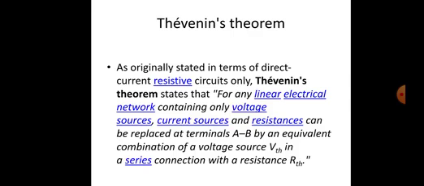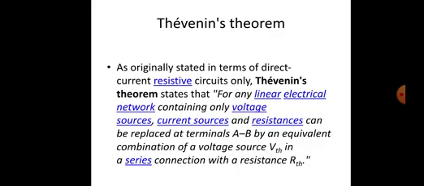Thevenin's theorem states that it is possible to simplify any linear circuit, irrespective of how complex it is, to an equivalent circuit with a single voltage source and a series resistance.